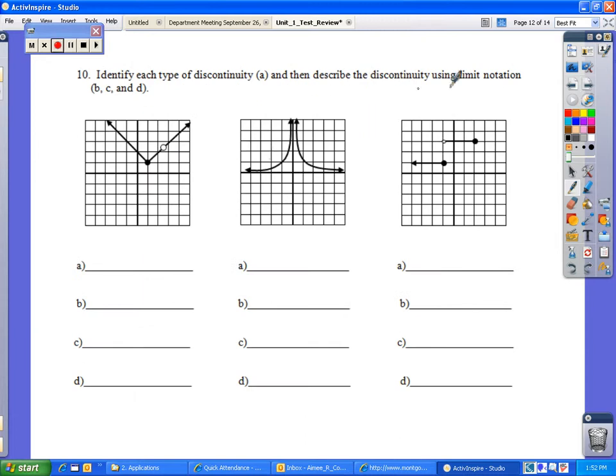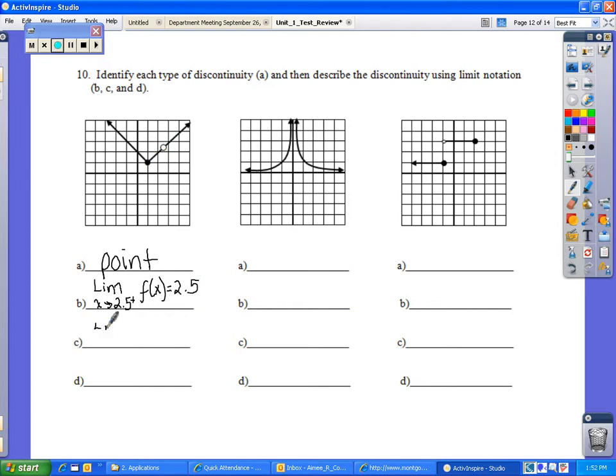Okay. For discontinuity, this is removable or point discontinuity. You now want the limit from each side, and that looks like it's about 2.5. So the limit as x approaches 2.5 from the right, the range value of the function, as I go here, it's still at about 2.5.